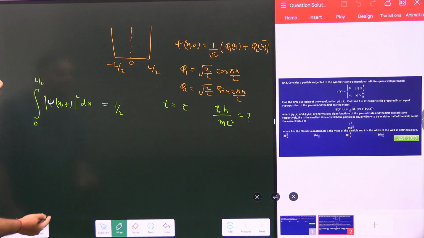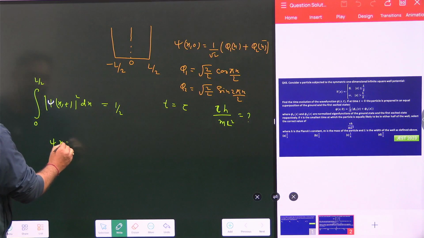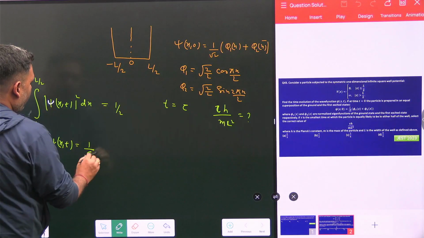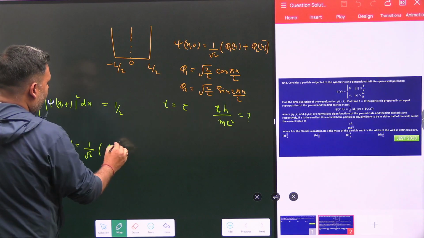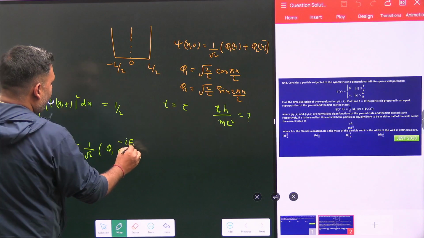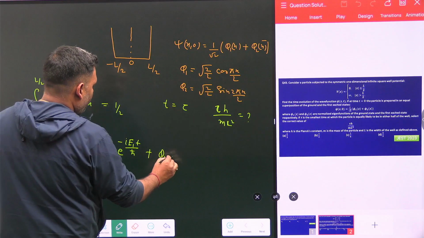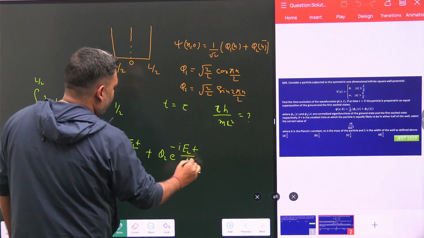So first we have to go for the time evolution of the state. Then psi x t is equal to 1 by root 2, which will remain the same, times phi 1 e to the power minus i E1 t upon h cut plus phi 2 e to the power minus i E2 t upon h cut.